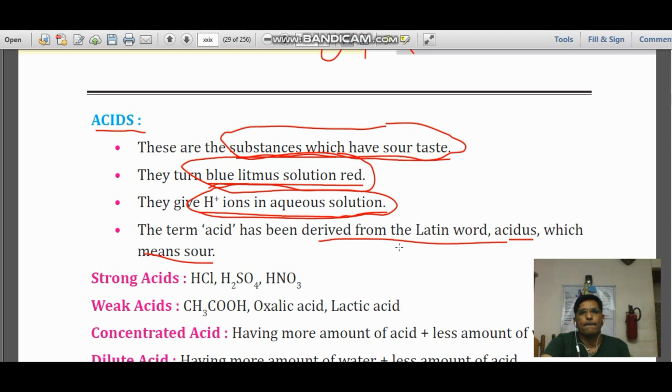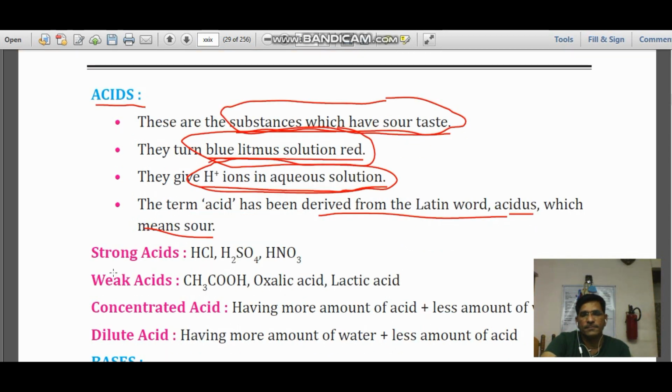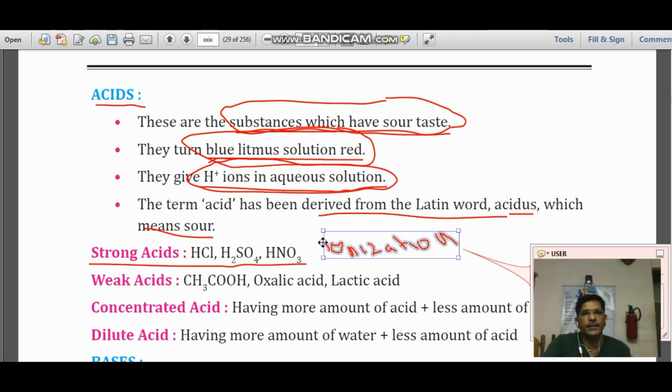Now, strong acid. What is the meaning of strong acid? Complete ionization, we can say strong acid.